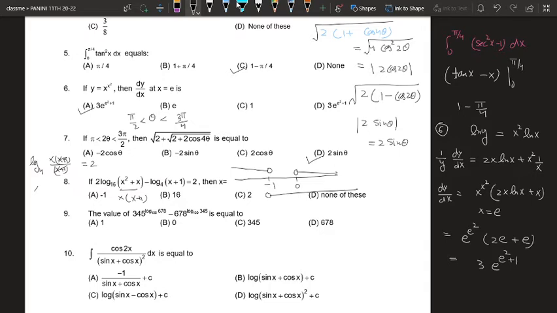That means x is equal to 4 square, that is 16.